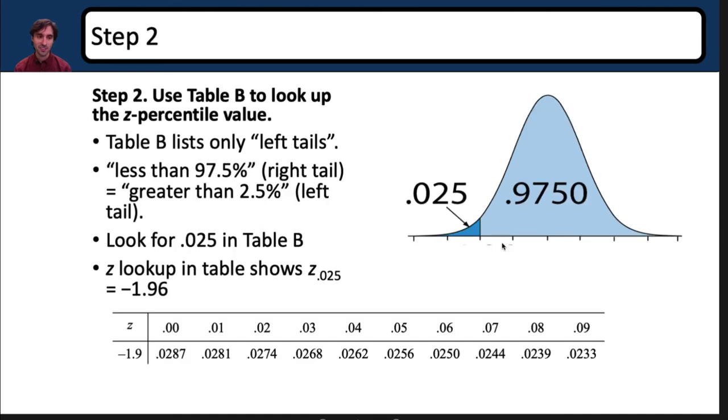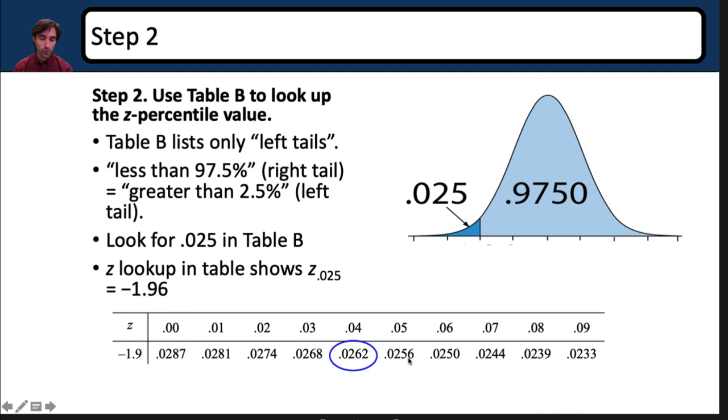I'm sorry, yes, you will. But rather than looking at the high number of 0.975, we're looking at the smaller number here. So it's going to be on the negative standard deviation side, whereas the previous was greater than the mean. We're looking at less than the mean, much less.